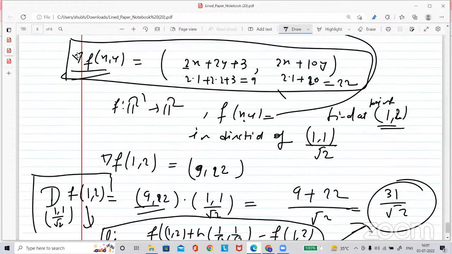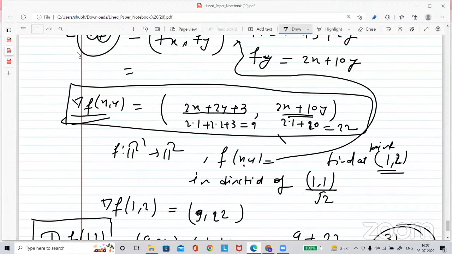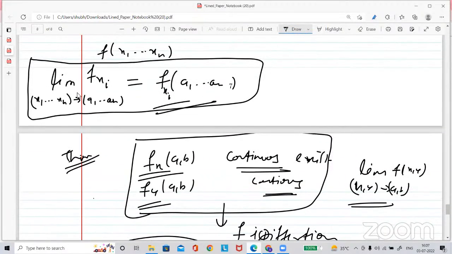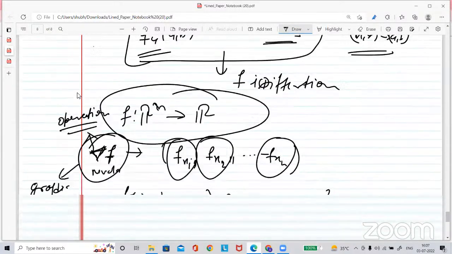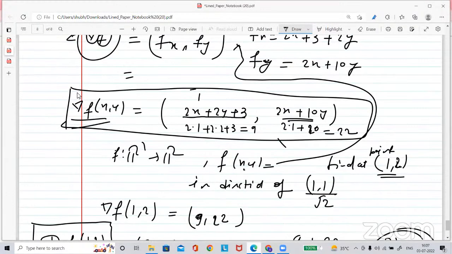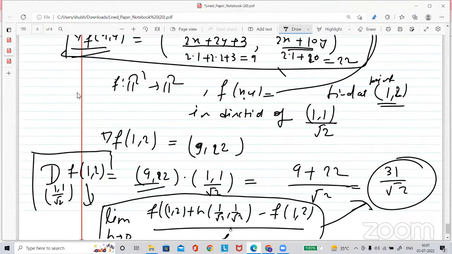See that these partial derivatives are simple polynomials, so they are continuous. Polynomials are continuous, and not only continuous, they are differentiable functions. If you want to check it, you do the same process as the continuity we just discussed, checking continuity of the partial derivatives. Otherwise, if you know these are just polynomials, and polynomials are continuous, just substitute the values and get the result.